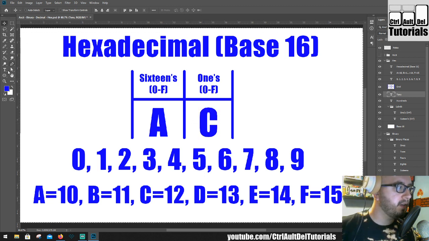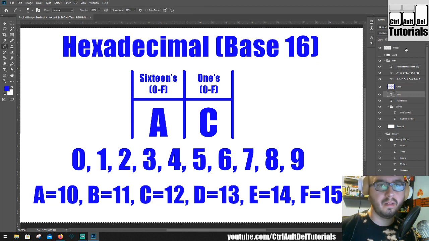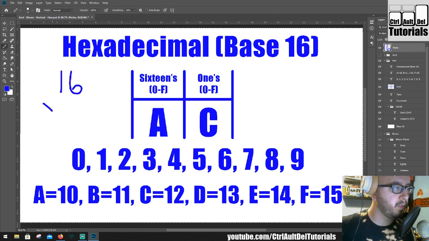All right, well, how do I figure this out? Take this number and multiply it by 16. Let me just draw it out. Ooh, I'm going to make myself do math. Crazy. 16 multiplied by A, which is 10.